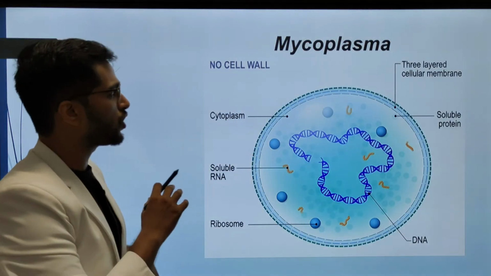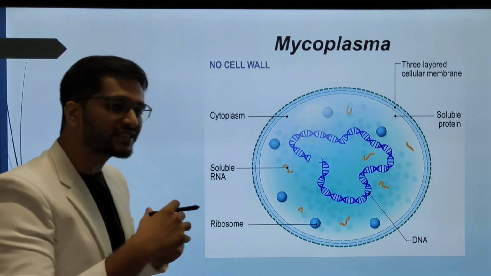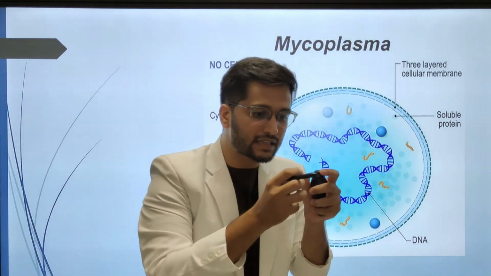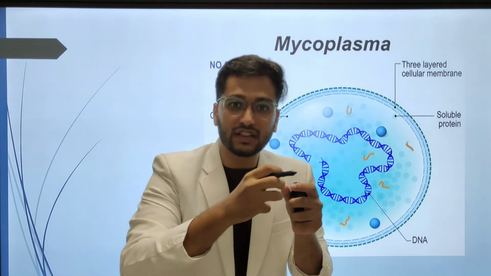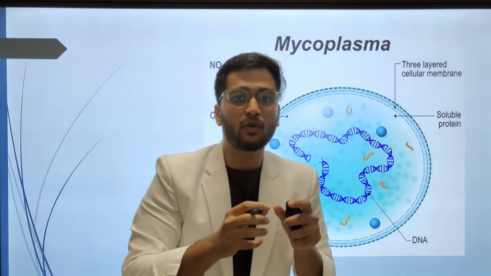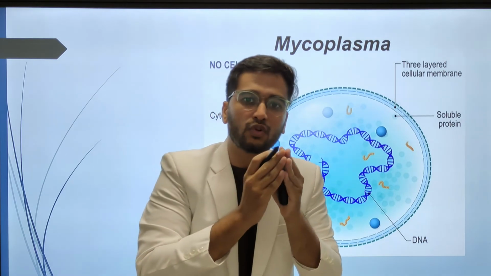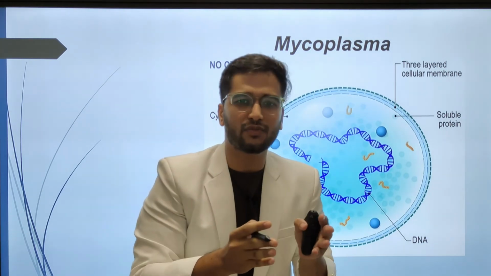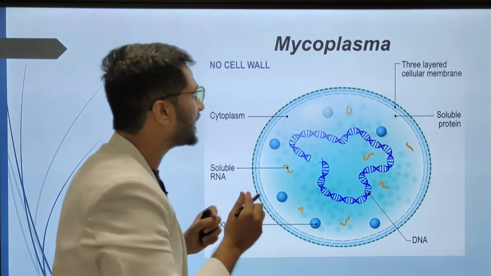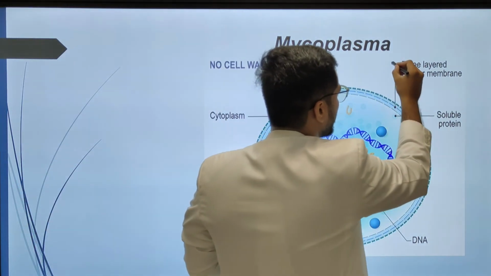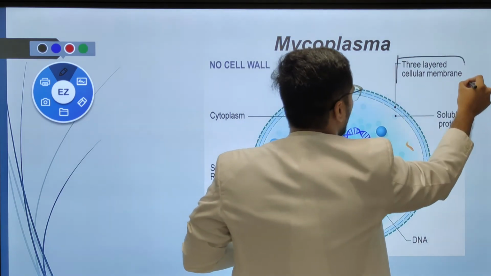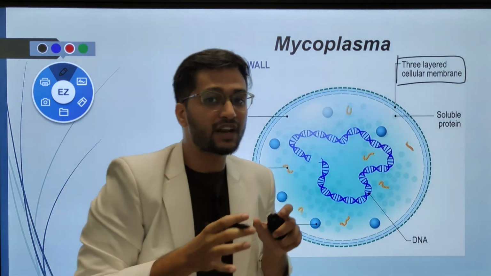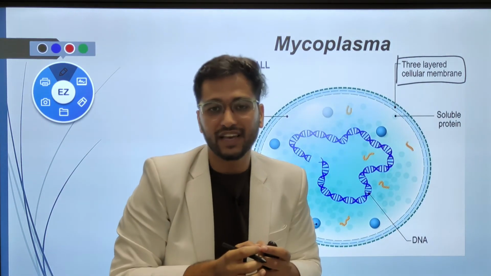Now let's look at the mycoplasma. As we will study in the next lecture, the bacterial cell composes an envelope that has the cell wall and a glycocalyx. The mycoplasma is one of the bacteria that does not have any kind of layer around it. The only layer present is the tri-layered cell membrane. It has only the three-layer cell membrane and is devoid of the cell wall.